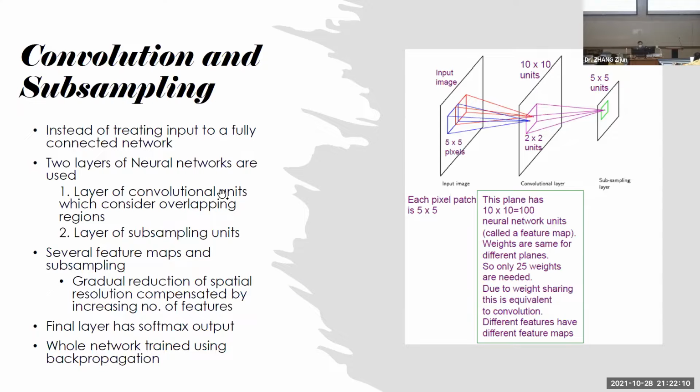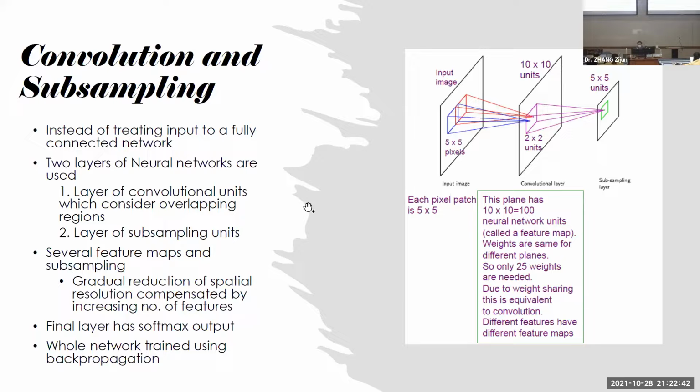First, the layer of convolutional units, which consider overlapping regions. And the second is the layer of subsampling units, which work on different non-overlapping areas. With several feature maps and subsampling, the gradual reduction of spatial resolution is compensated by an increasing number of features. The final layer has a softmax output and the whole network is trained using backpropagation.